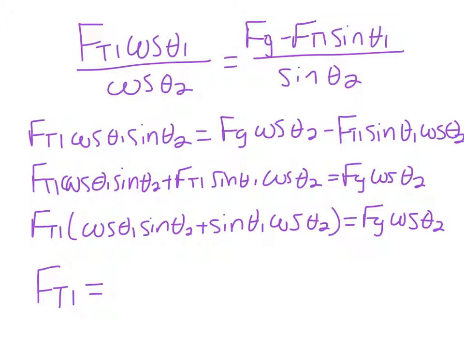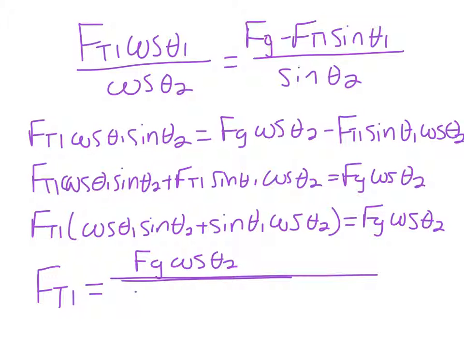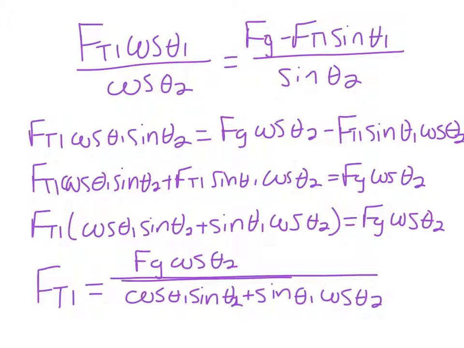Ft1 equals Fg cosine theta 2 over cosine theta 1 sine theta 2 plus sine theta 1 cosine theta 2. Now all we have to do is put in the numbers.